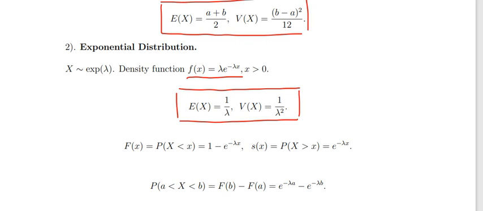This formula is also useful. For the expectation, integrating from 0 to infinity, x times lambda e to the negative lambda x dx, this equals 1 over lambda.